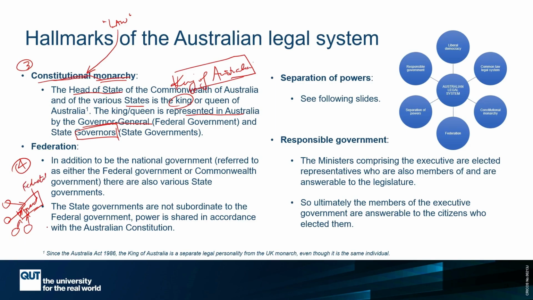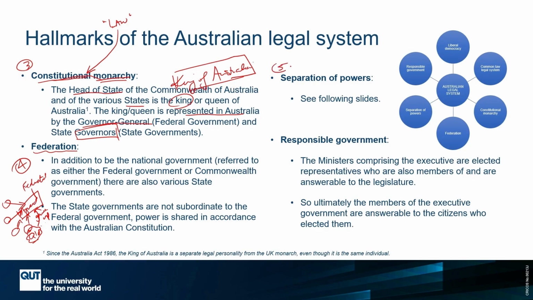So what technically happened is an area like Queensland, the government here had all of the power, and then it gave up some powers to the federal government. That's super important to understand, right? Because the federal government can't do whatever it wants. It can only do what the states gave up. So federation is a core concept to understand.